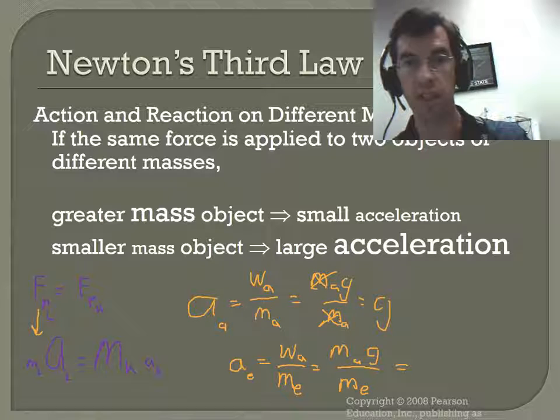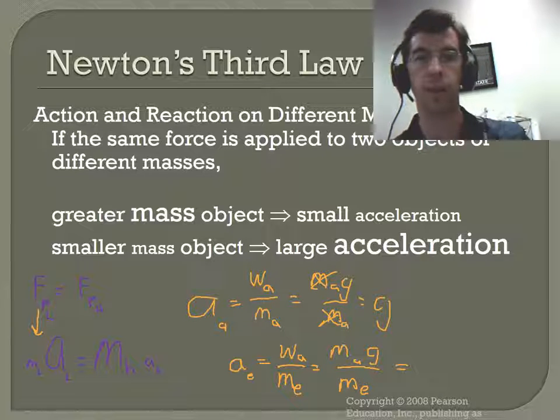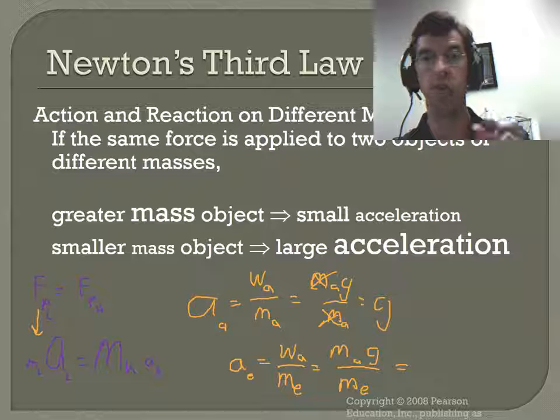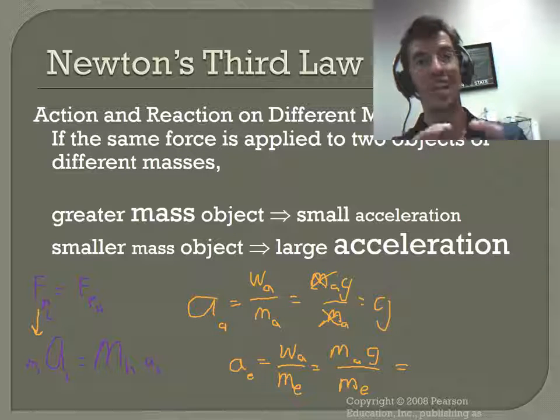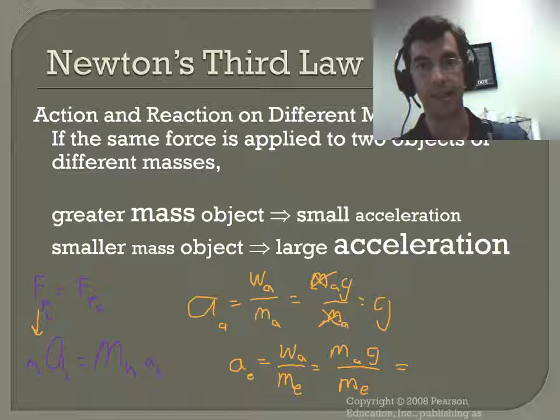That's why the acceleration is so small that it's negligible. You couldn't see it, you certainly couldn't measure it. And that's why Newton's third law still is upheld in this situation, but we're dealing with the same force acting on really different masses. The mass of the Earth is so huge that the acceleration of the Earth is essentially negligible.